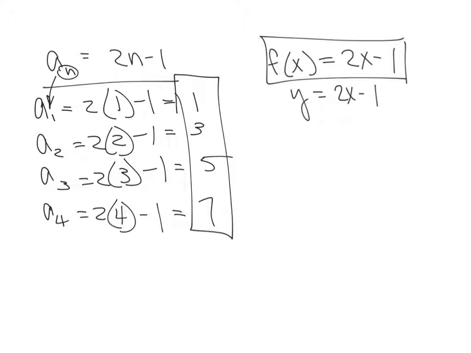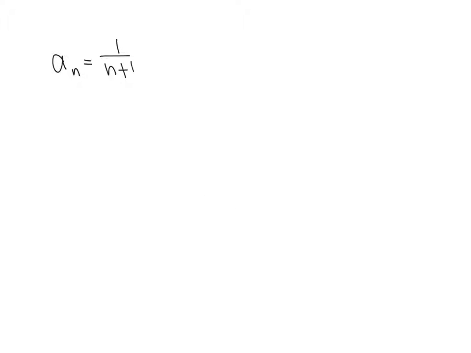Alright, well, let's go on to example number 2. Example number 2 is done the exact same way as example 1. Write the first 4 terms. So again, a of 1 equals 1 over, what are we going to put in for n? A 1. A of 2 equals 1 over, put a 2 in for n. A of 3. You kind of get the hang of it.